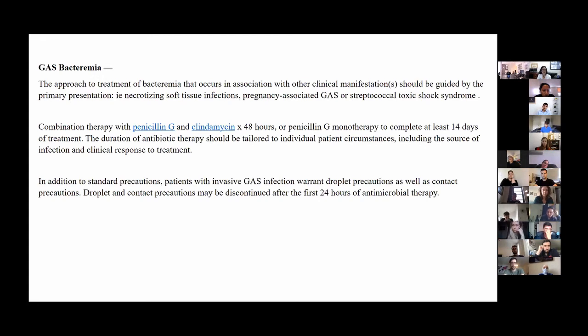Here's another infection that we don't see very often, and I bring it to your attention just to remind you that group A strep bacteremia is usually a very horrible disease. It's usually associated with necrotizing infections. It can be with toxic shock.